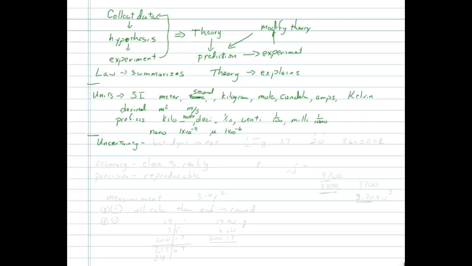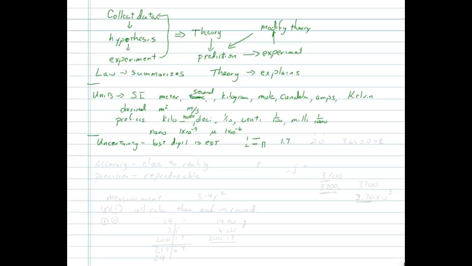When you make a measurement, the last digit is an estimate. You're reading in between the scales. If this is 1 and this is 2 and the line goes here, you estimate. You can't say it's 1, you can't say it's 2 because it's somewhere in between there. Call it 1.7 or so.